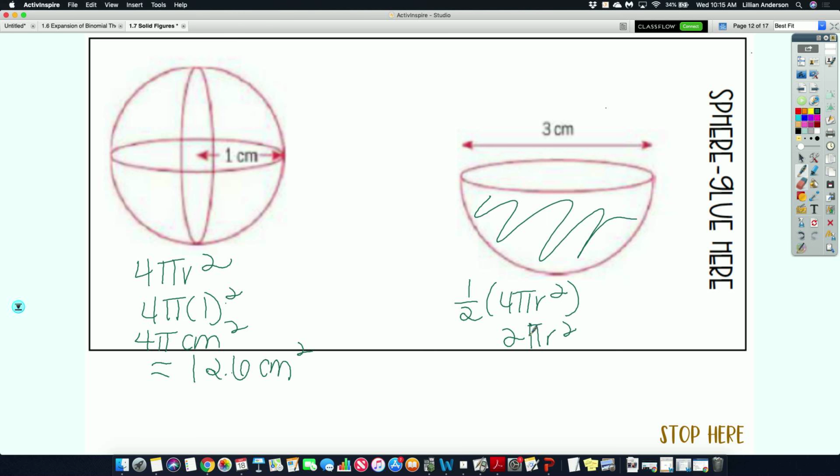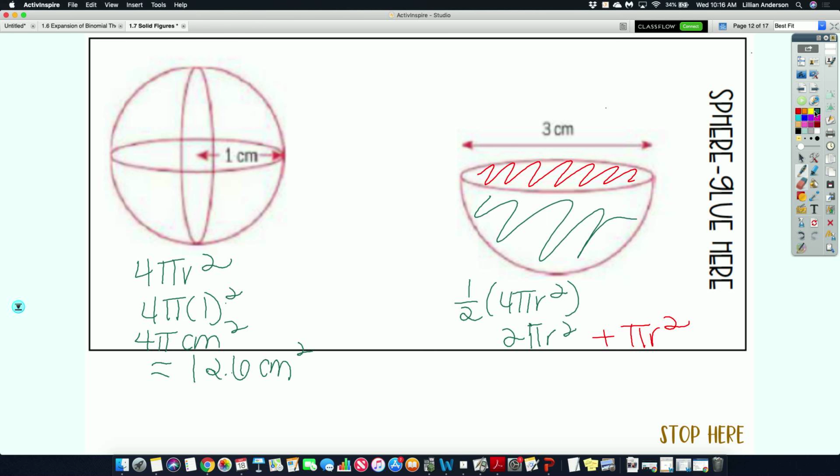But then we have to take into consideration that there is this circle that is also a part of the surface now that it's been cut in half. So things like I said before, you have a ball of butter and you cut it in half. Well, where you make that cut, there's that flat surface from that cut that you have to consider, which does indeed form a circle. So then you would need to find the area of that circle at the top.